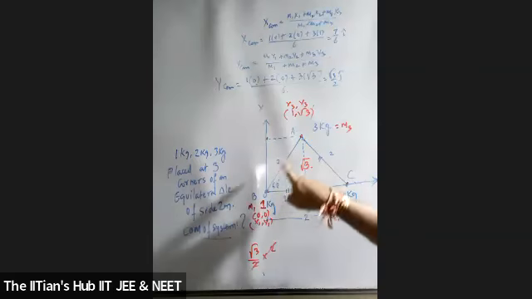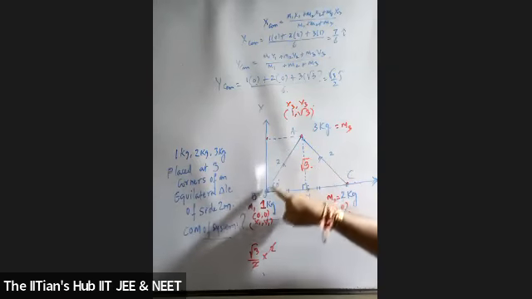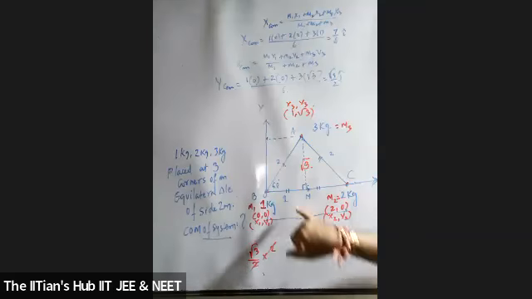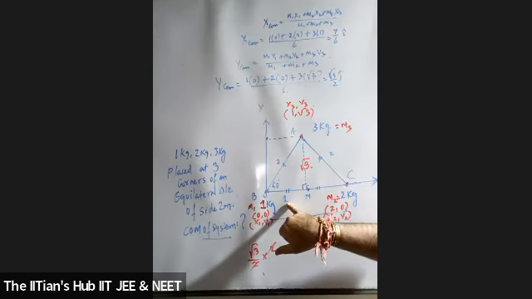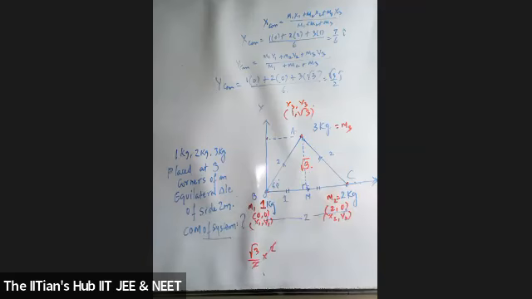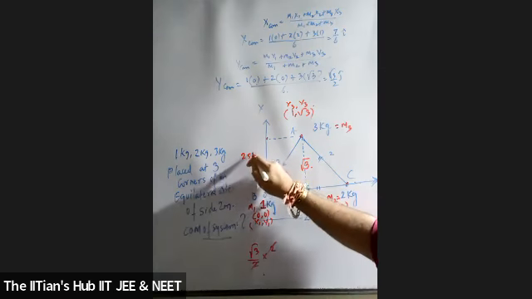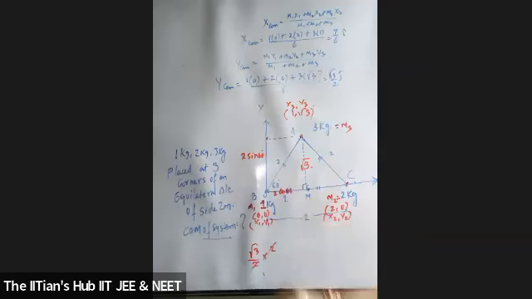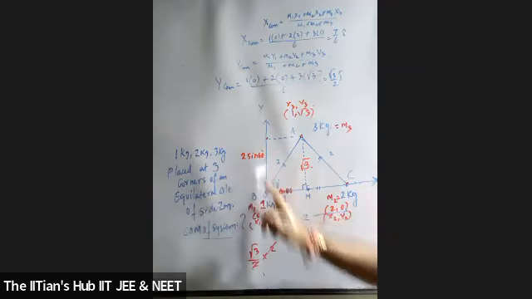But you were finding the coordinates of AB, right? 2 cos 60 will come, and 2 cos 60 is half, so this will be 1. And what will 2 sin 60 be? √3. This is your 2 sin 60, this is your 2 cos 60. What is sin of 60? √3/2.